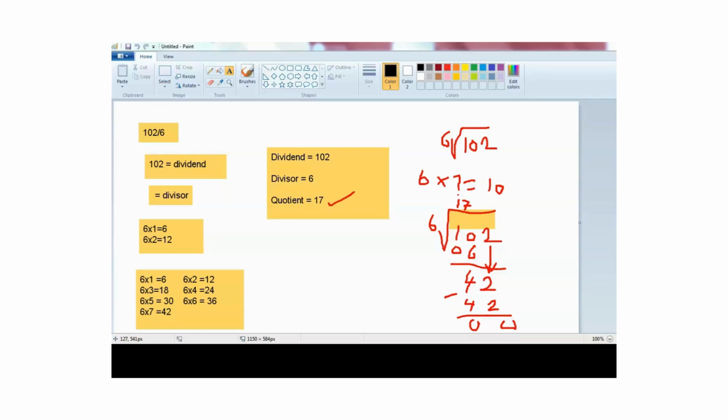In summary, the long division method requires you to put the dividend inside the bracket.